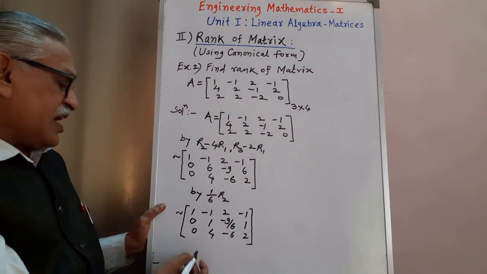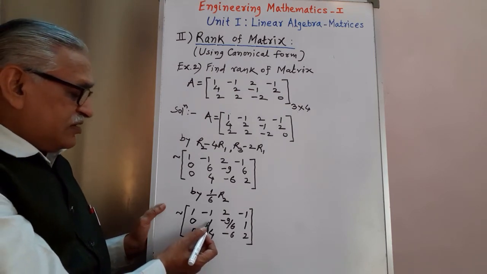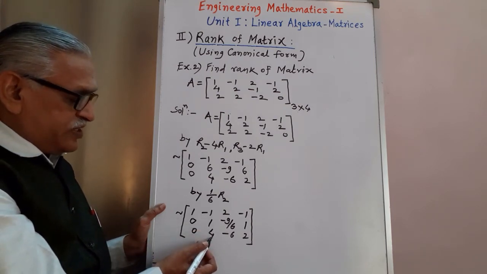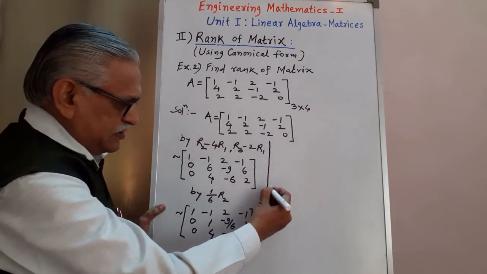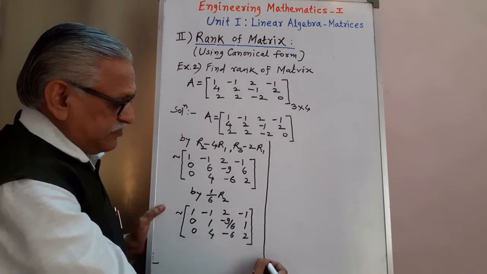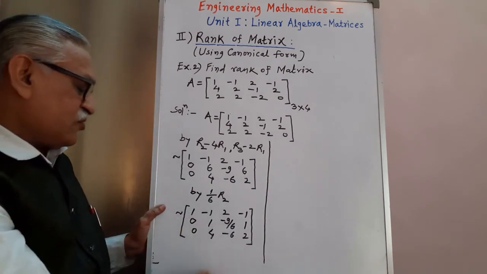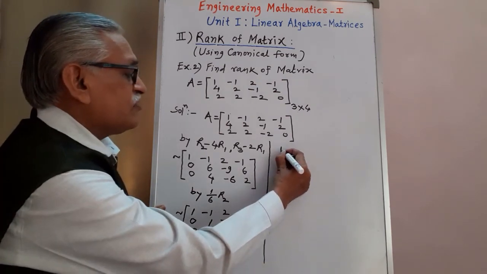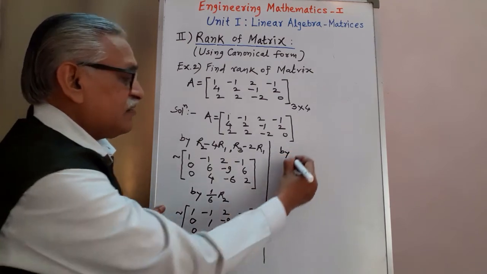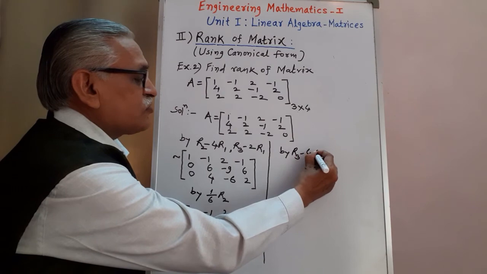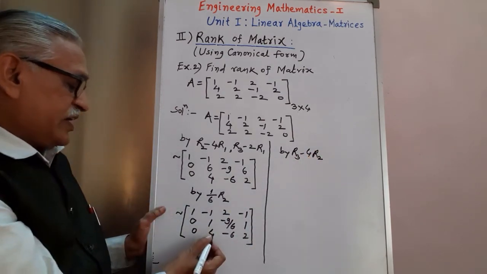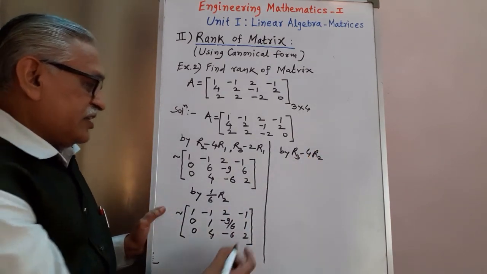Okay. Then with the help of this 1 we try to convert this 4 to 0 by applying the transformation R3 minus 4 times R2, so 4 minus 4 we get the required 0 here.